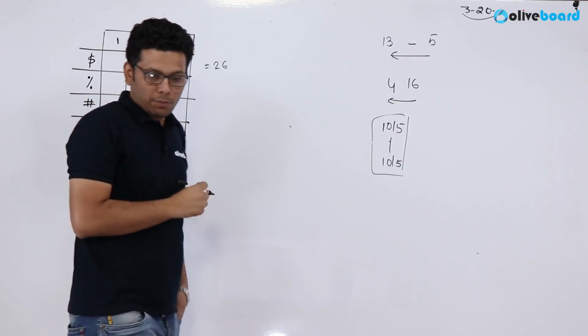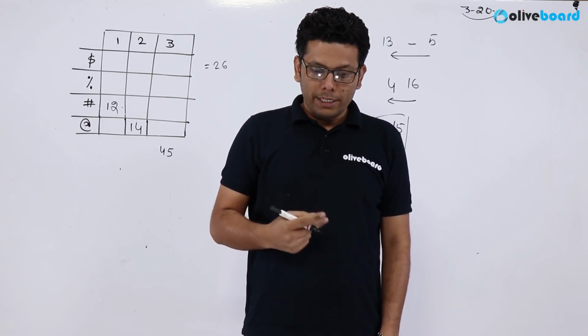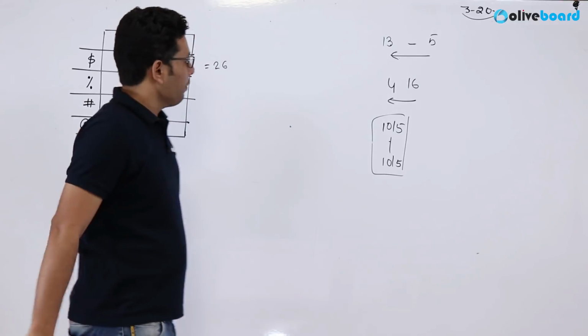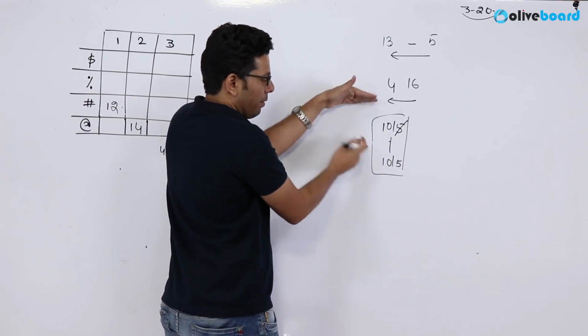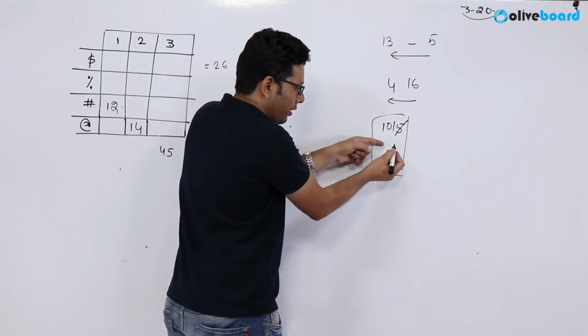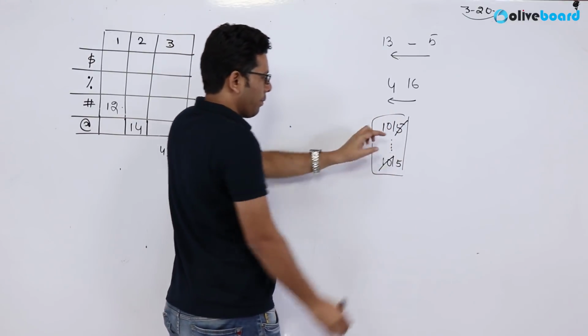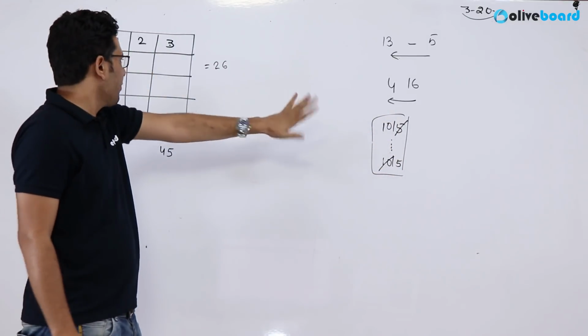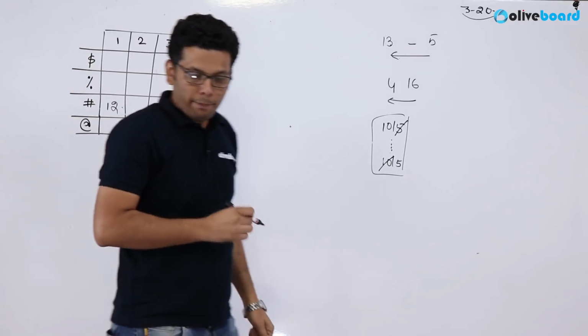Next point, 10 was above 5 but not in consecutive rows. Means 10 is above the 5, but not immediately; someone is definitely between them. These two will never be in a consecutive manner.